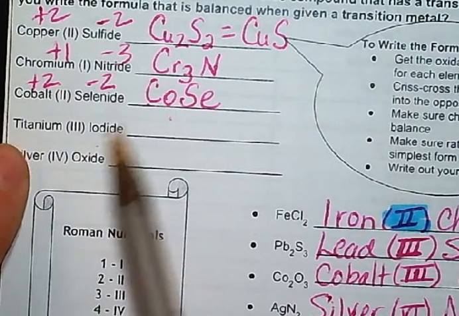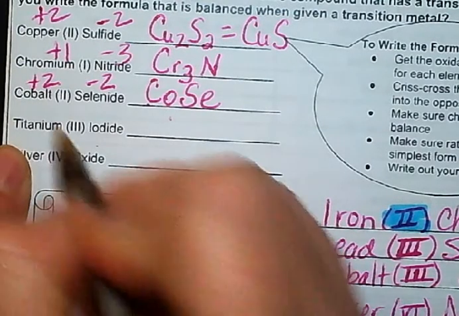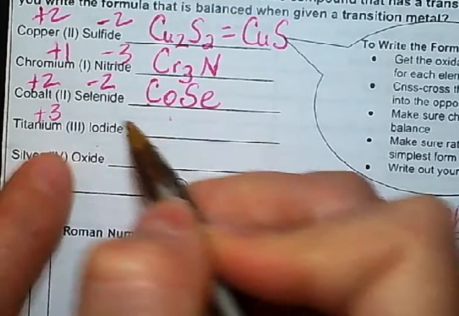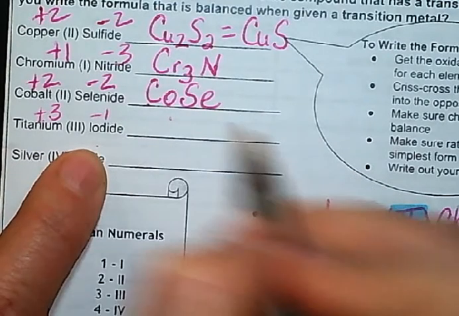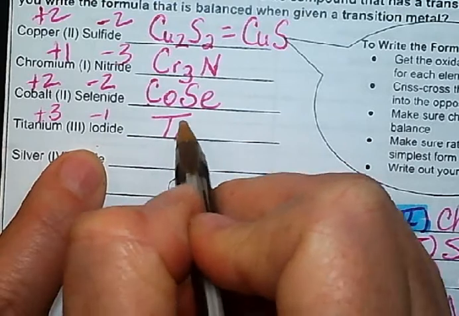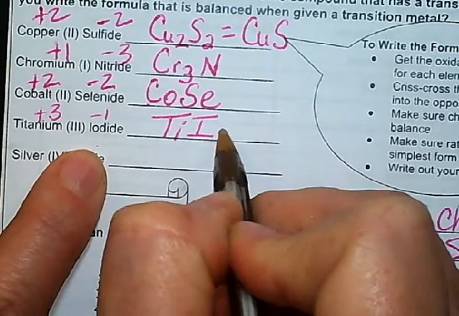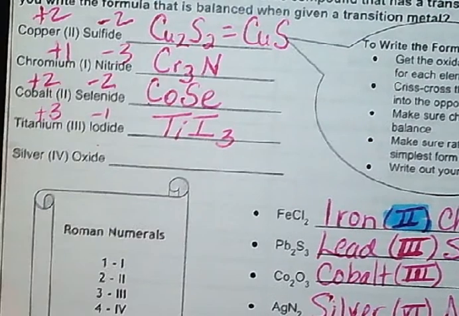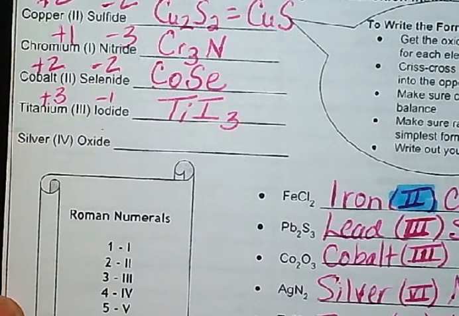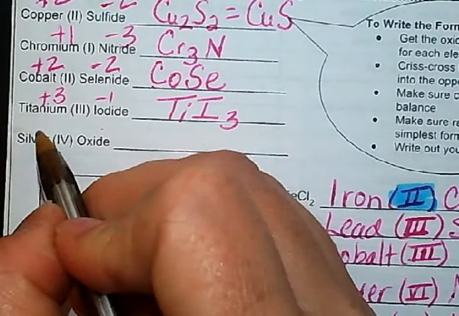What's titanium's charge? Positive 3. What's iodine's charge? Negative 1. So what's my formula? That's right. Not negative 3, because when you come down with them, they lose their charges. Their charges go away. All right, so what's my charge for silver? 4, right?